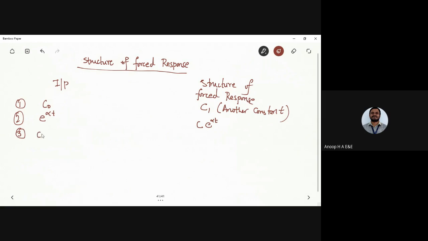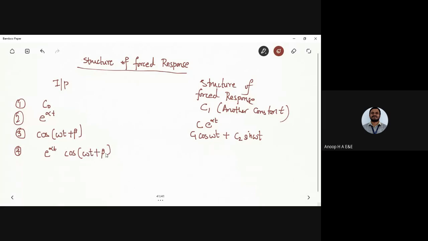Third one, we have cos of omega t plus beta, where I'm going to have c1 cos of omega t plus c2 sine of omega t. Next, a fourth one, we are going to have e power alpha t into cos of omega t plus beta.